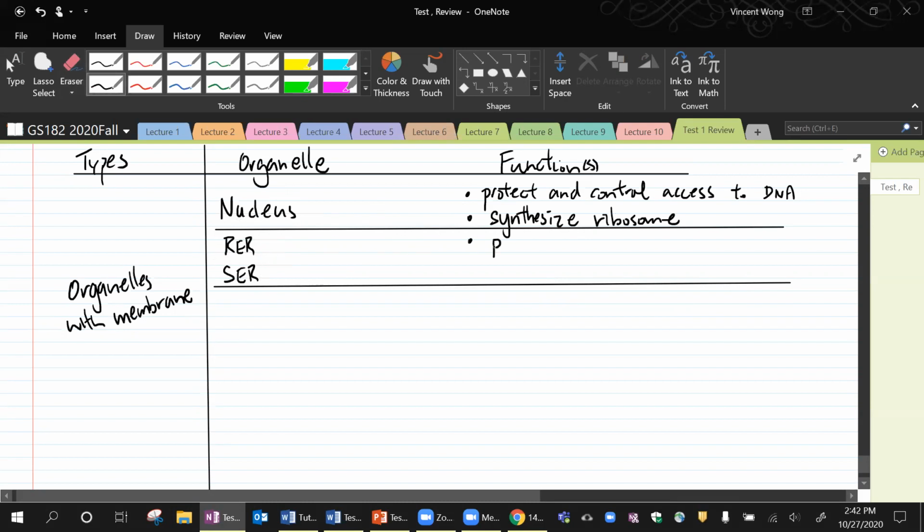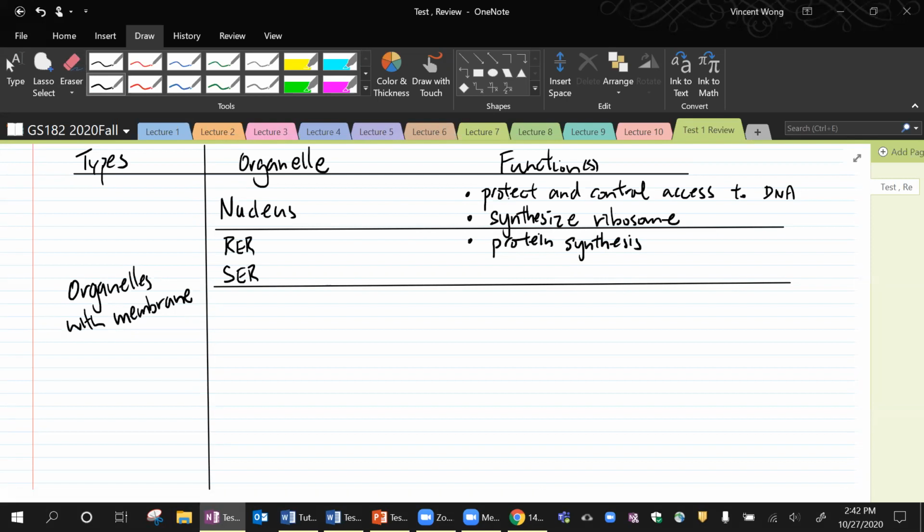So rough ER is for protein synthesis. And again, you want to think about where these proteins are going to end up. These proteins can end up in the membrane. The proteins can end up in the cytoplasm. It could be in a vesicle waiting to be released.